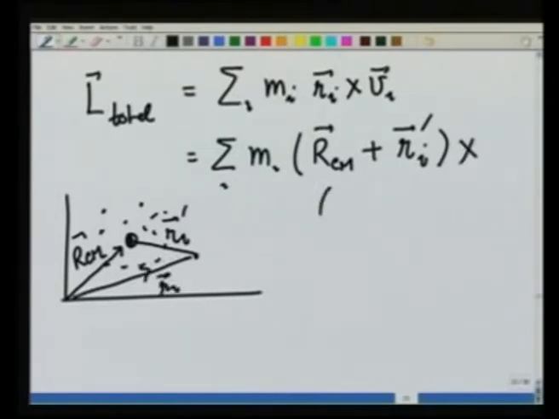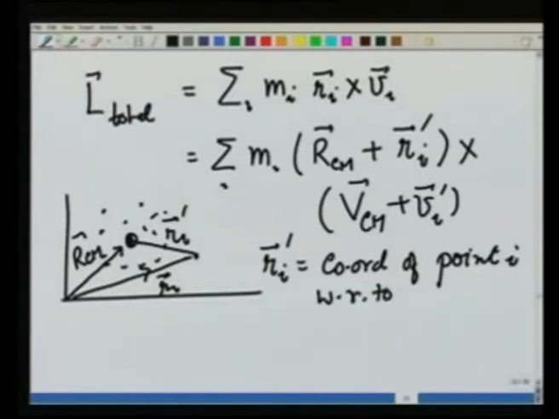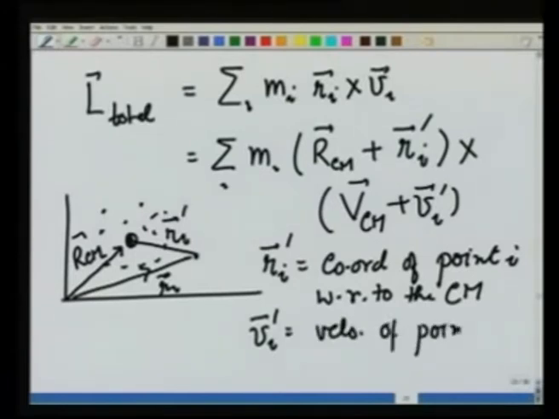Similarly, the velocity would become v of CM plus v_i prime, where, let me write explicitly, r_i prime is coordinate of point i with respect to the center of mass. v_i prime is the velocity of point i with respect to the CM.